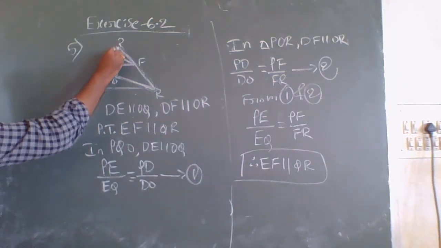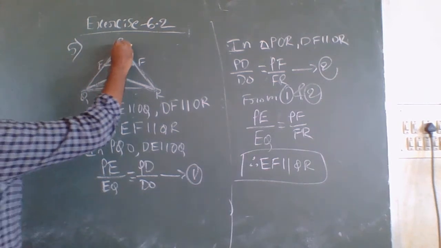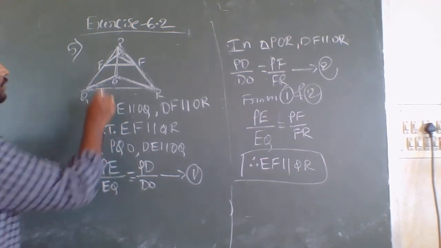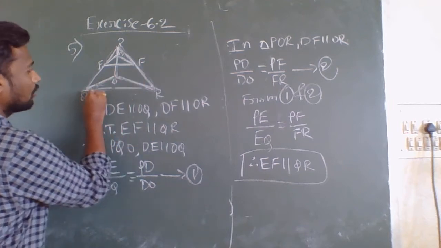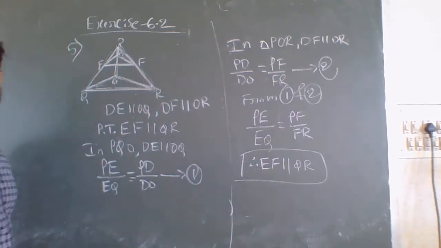If PE by EQ is equal to PF by FR, that indicates sides are divided in equal proportion. Therefore, EF should be parallel to QR. This is the fifth problem.